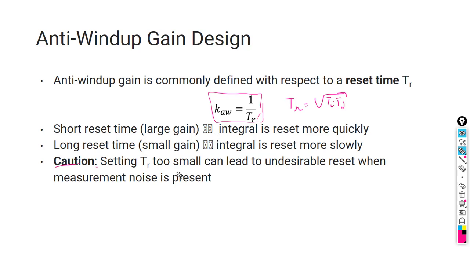Caution: setting TR too small can lead to undesirable reset when measurement noise is present. So if you put it too small, meaning the gain too high, as I told you, this is preferable if you don't have a derivative term.